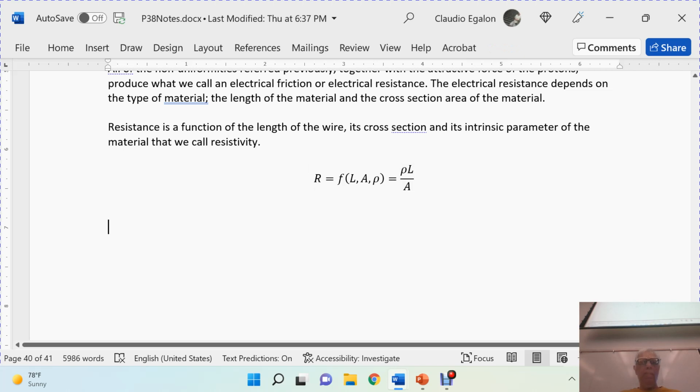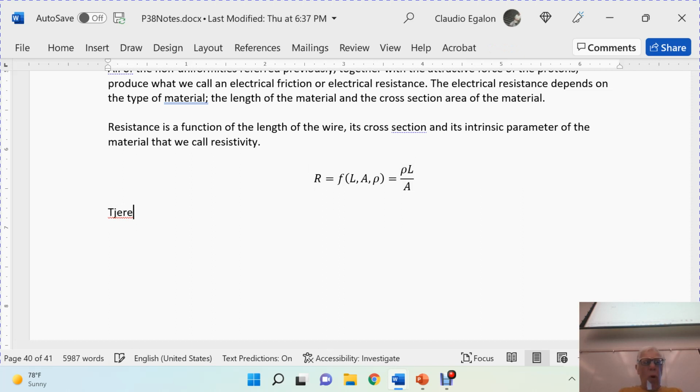Okay, so there is also a relationship between resistance, voltage, and current called Ohm's law. I introduced Ohm's law to you in the last lab, right?